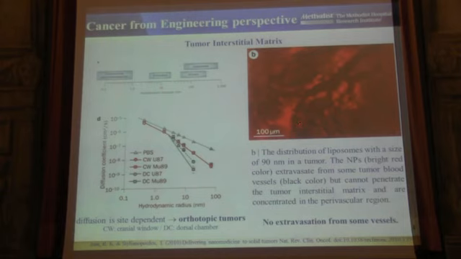And there is another interesting thing regarding what happens in the extracellular matrix. When you do a little bit of engineering and you start measuring the diffusion coefficient of these particles and molecules, here you have the diffusion coefficient of molecules with hydrodynamic radius ranging from 1 nanometer all the way up to our fabulous 100 nanometer liposomes or polymer nanoparticles.